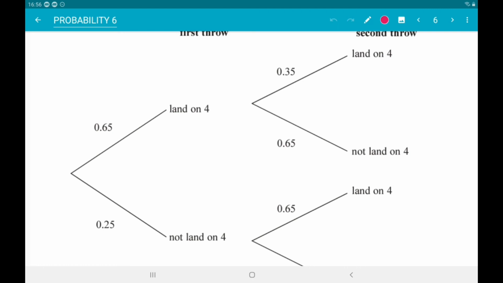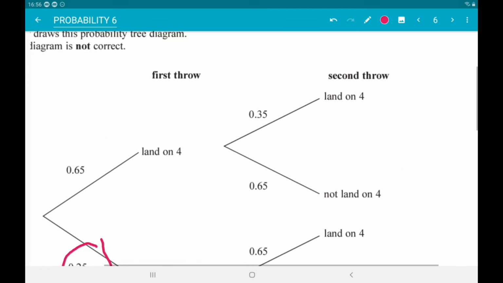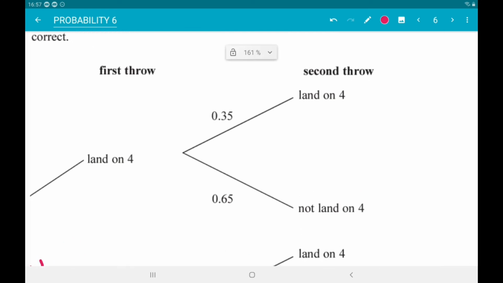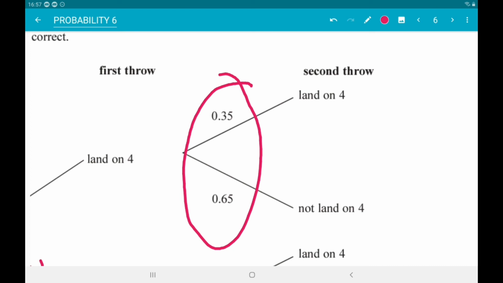So the probability of not landing on 4 is wrong. So it shouldn't be 0.25, it should be 0.35. Okay, then if we look up here, he's now got these two probabilities the wrong way around.